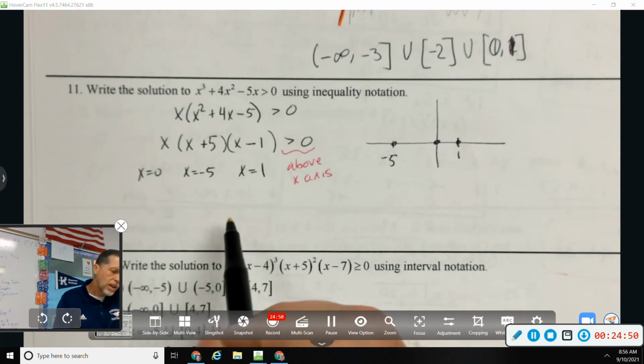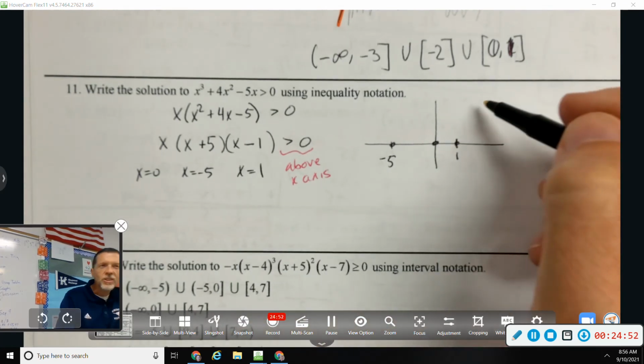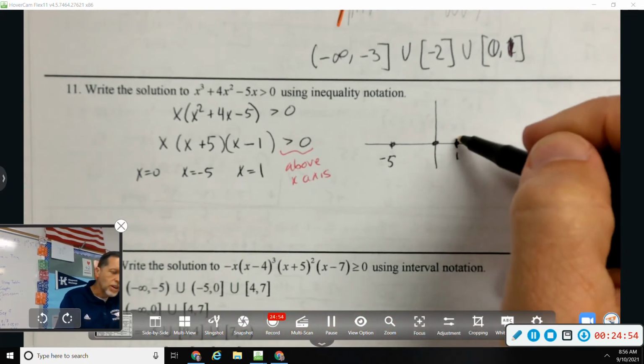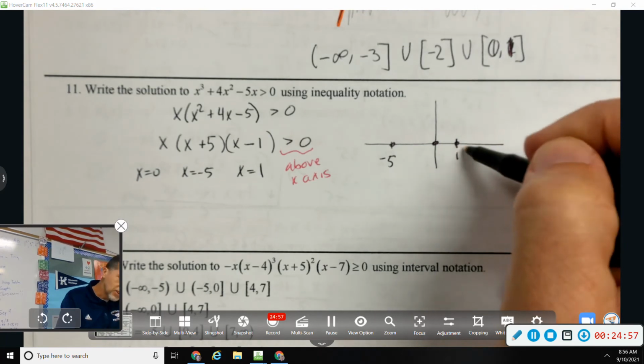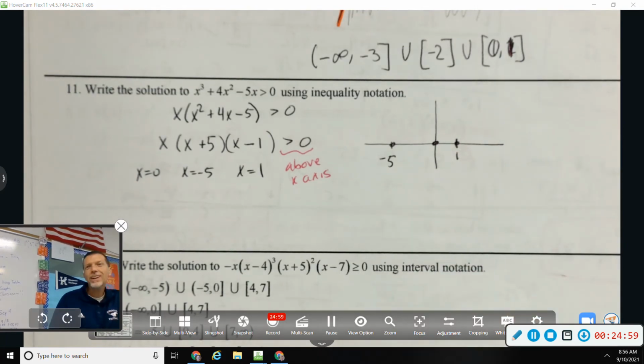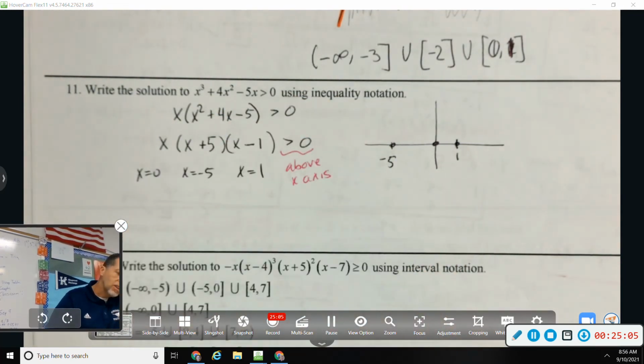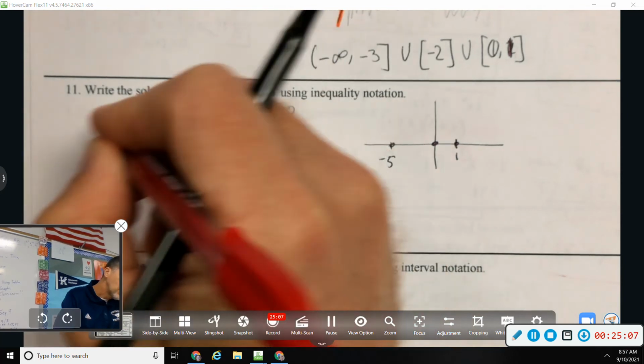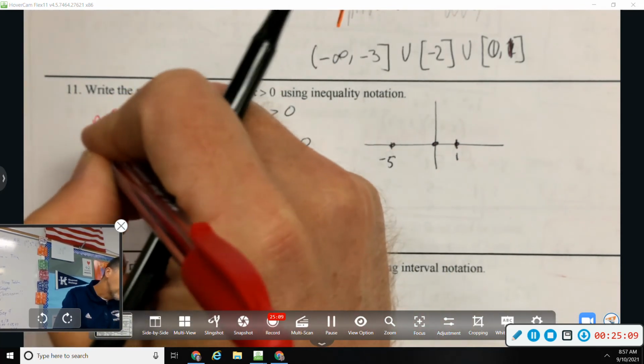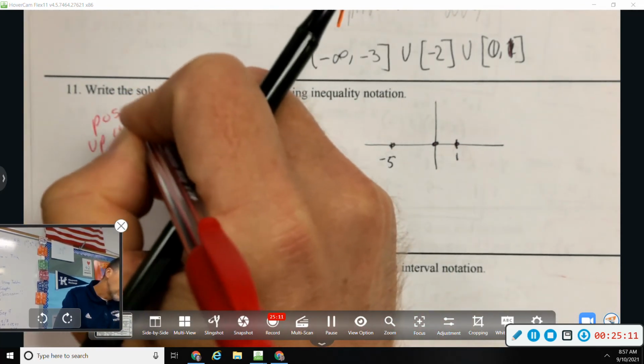I need to start on the right end because I need to know, is this thing going up on the right or going down on the right? And how do you know it's going up? It's going up because the lead coefficient is positive. But if it were negative, it would be going down. So it's up on the right.